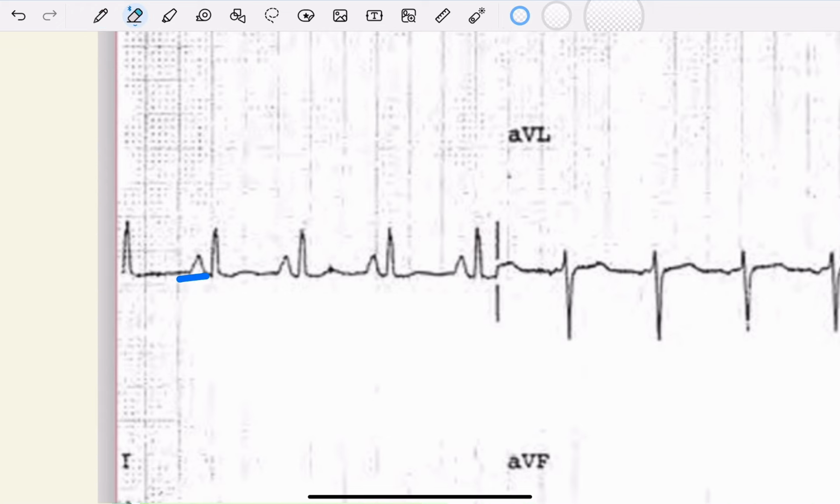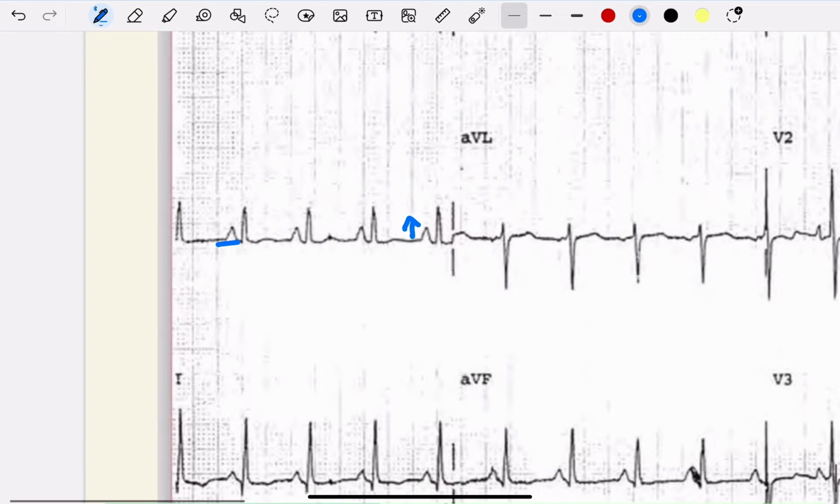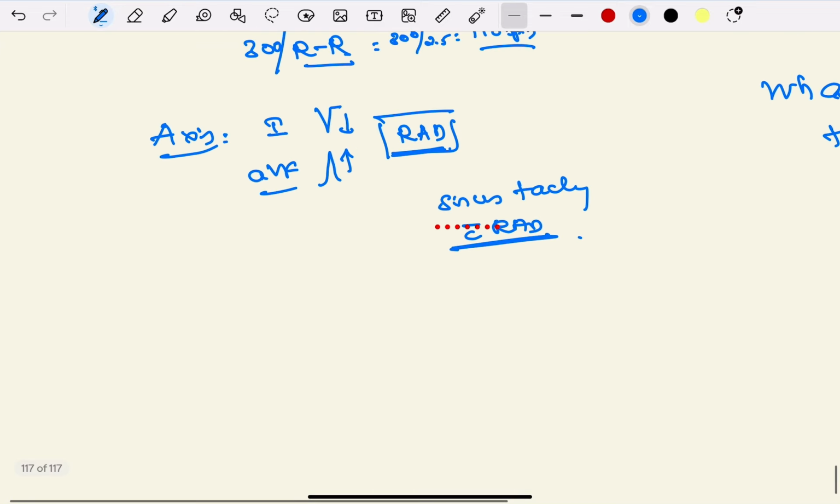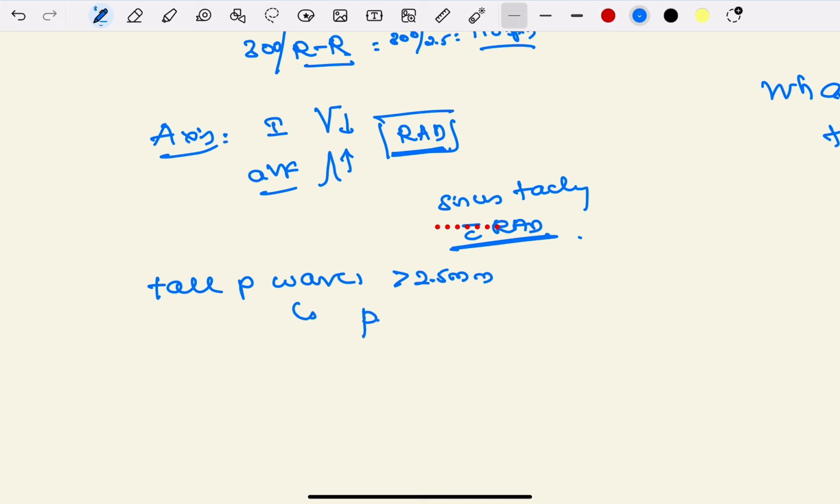The only thing is the height is taller. So the P wave is tall, more than 2.5 mm. That suggests P pulmonale. P pulmonale suggests right atrial enlargement.